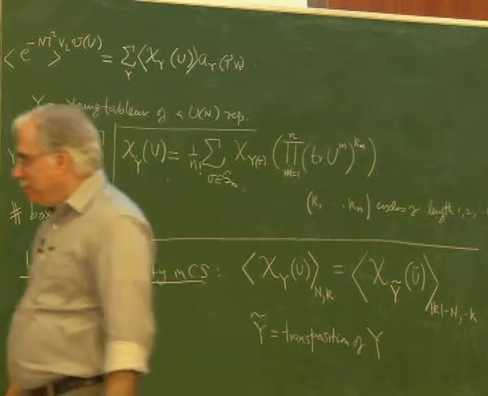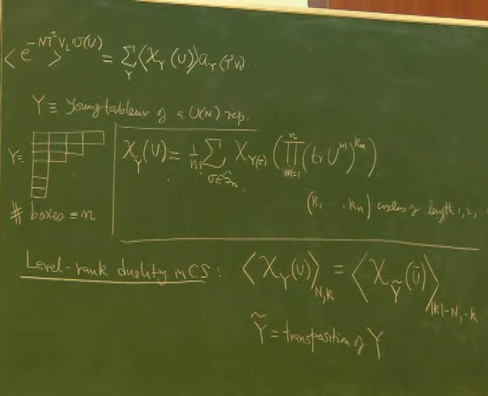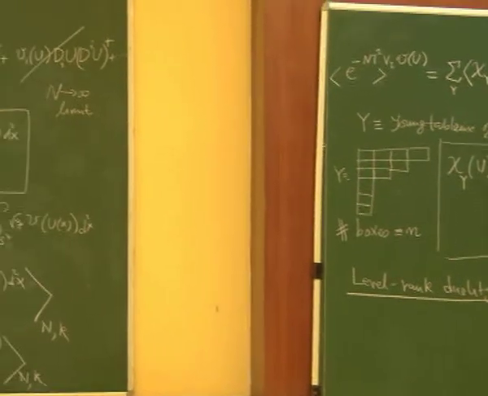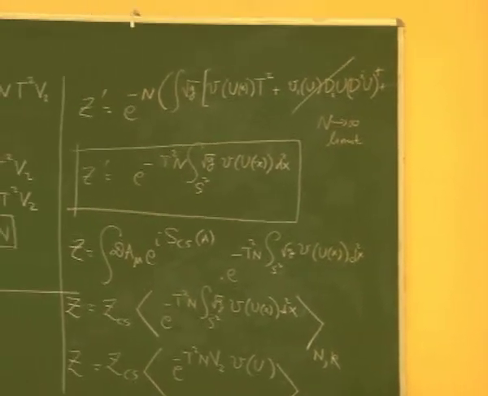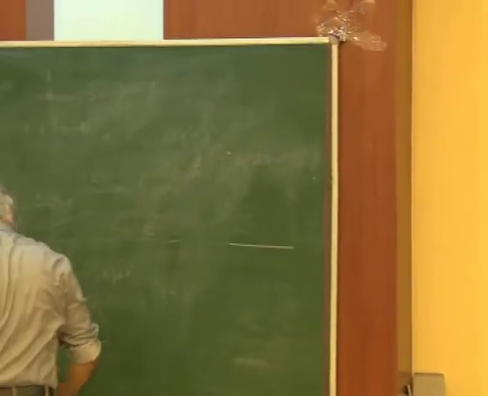This math problem was solved by consulting a mathematician, and he immediately knew the answer. It is a well-known theorem in group theory that the character of the transposed Young tableau is the following.